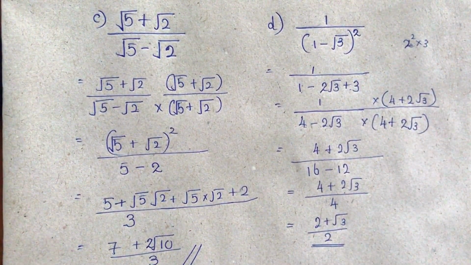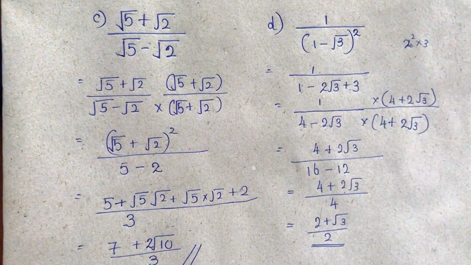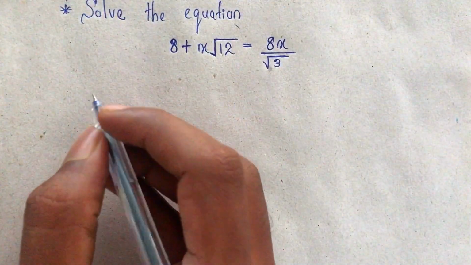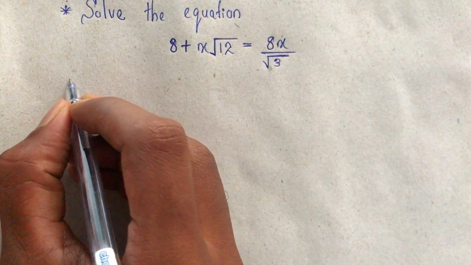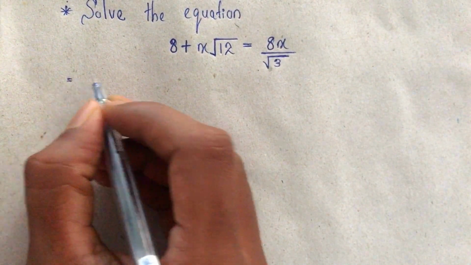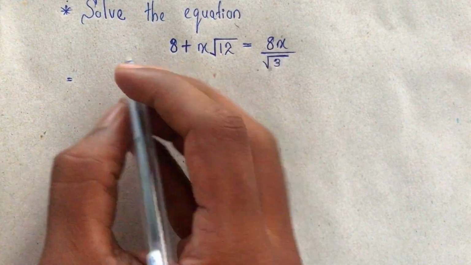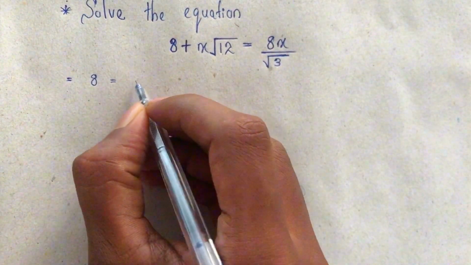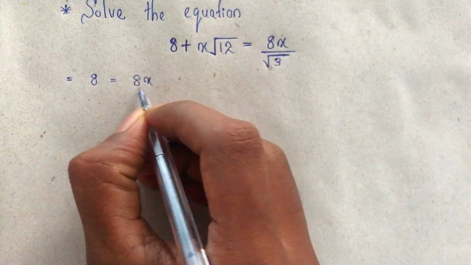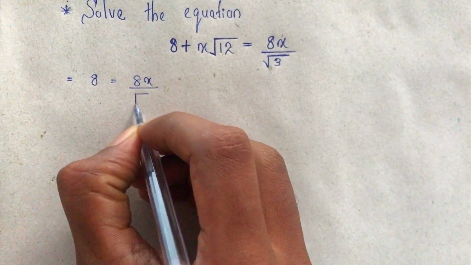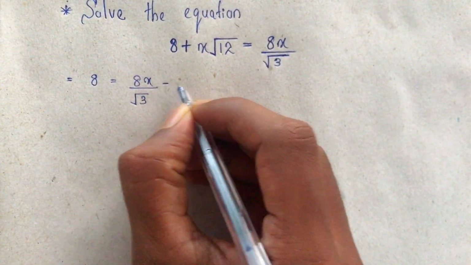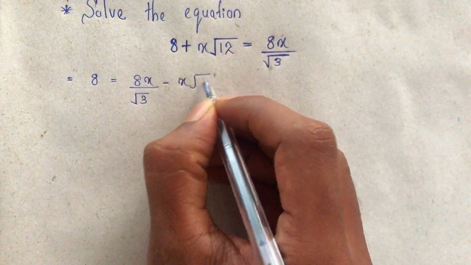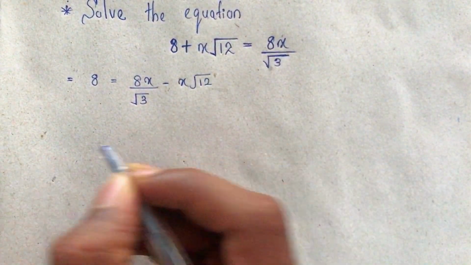Let's check a very nice example. You need to solve the equation and find the value of x. How to find the value of x? First you can separate the x terms on one side. Then 8 equals 8x over square root 3 minus x times square root 12.